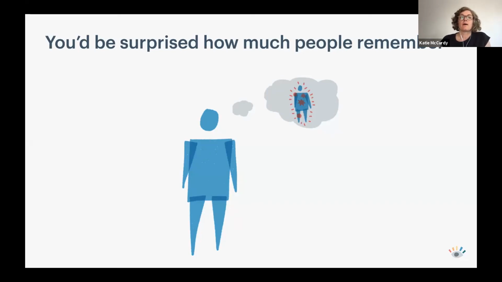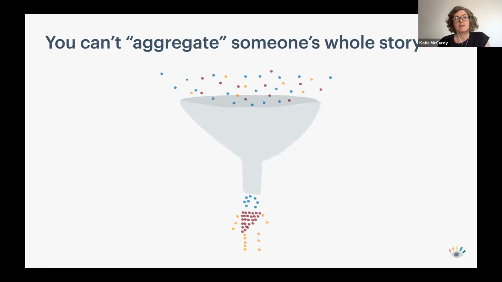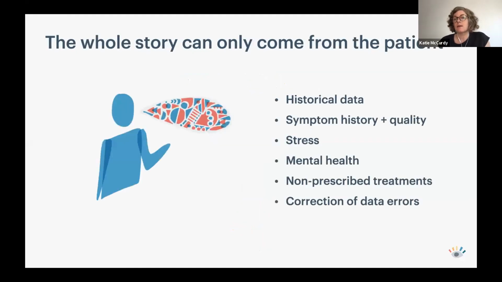One thing I hope I've convinced you of is we can't expect to just aggregate someone's whole story through pulling their health data from various sources, because that data just doesn't exist. Things like historical data from when we were kids, symptom history, both mental and physical, along with the quality of our symptoms, how our bodies feel.